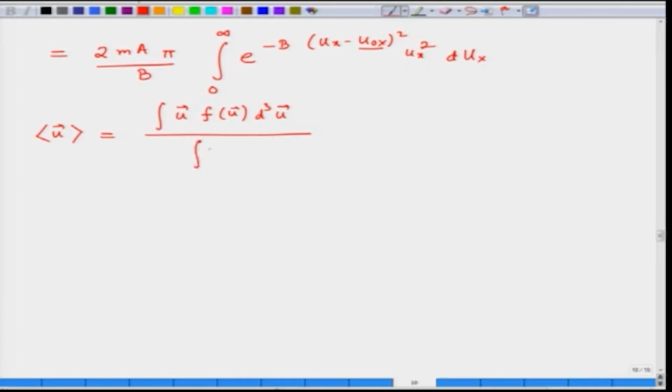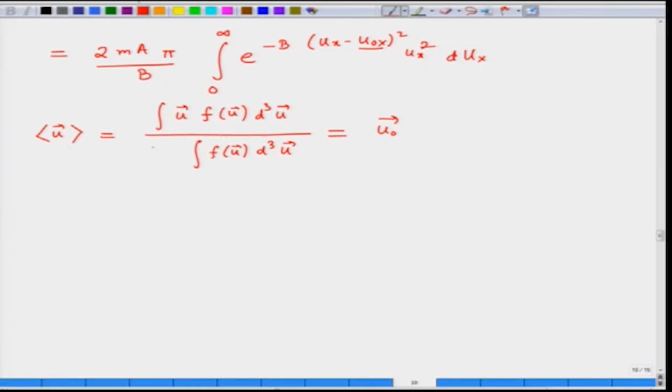So it will be simply the integral of u phi d cube u. If you calculate this integration, you will see that it is simply equal to u 0. That gives you the physical significance of u 0. So, u 0 is nothing but the average velocity of the whole system.